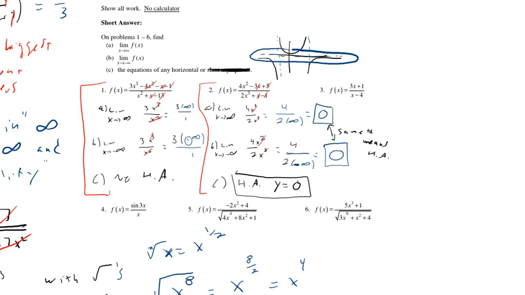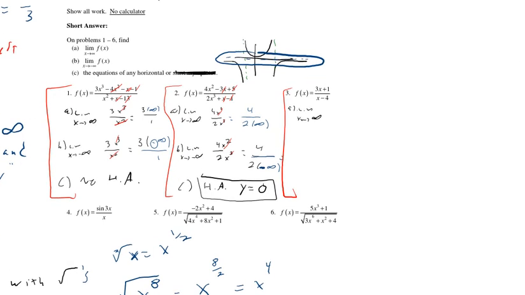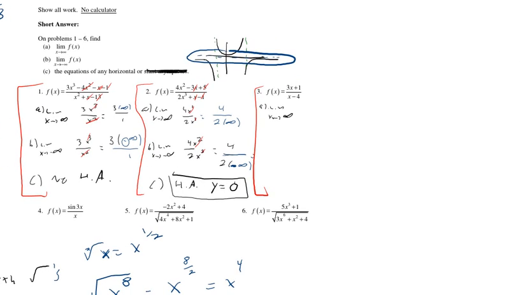All right, everyone. Let's try number 3. Number 3, we've got this one here. Again, the limit as x approaches infinity. This one here. Again, I can cancel my non-important pieces, the 1 and the 4.